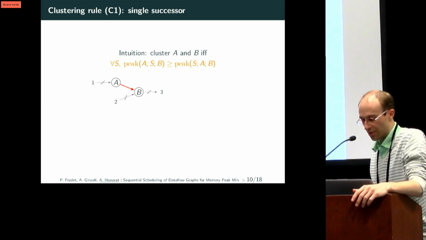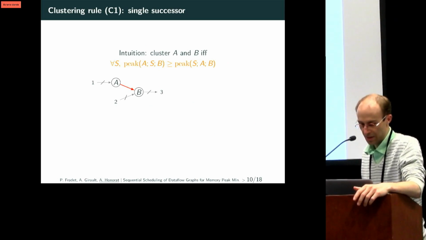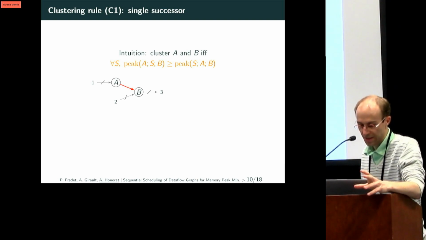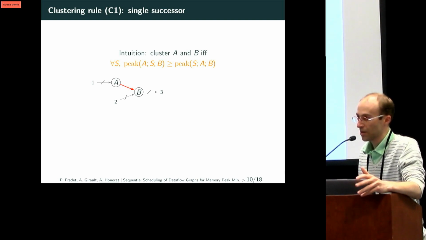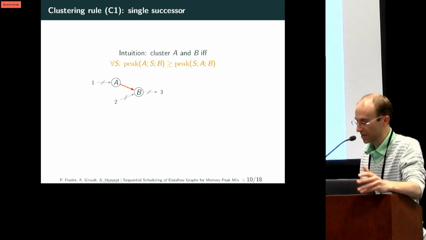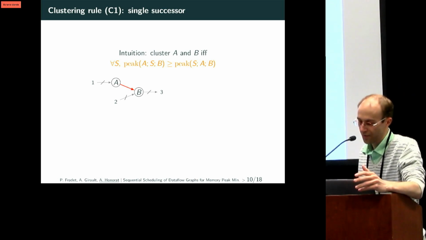So for clustering, here we want to ensure that for the 2 nodes in sequence A then B, if we consider any extra node S, which can be interleaved between A and B, then the memory peak of this schedule will always be higher than the peak of not interleaving S and executing it before.